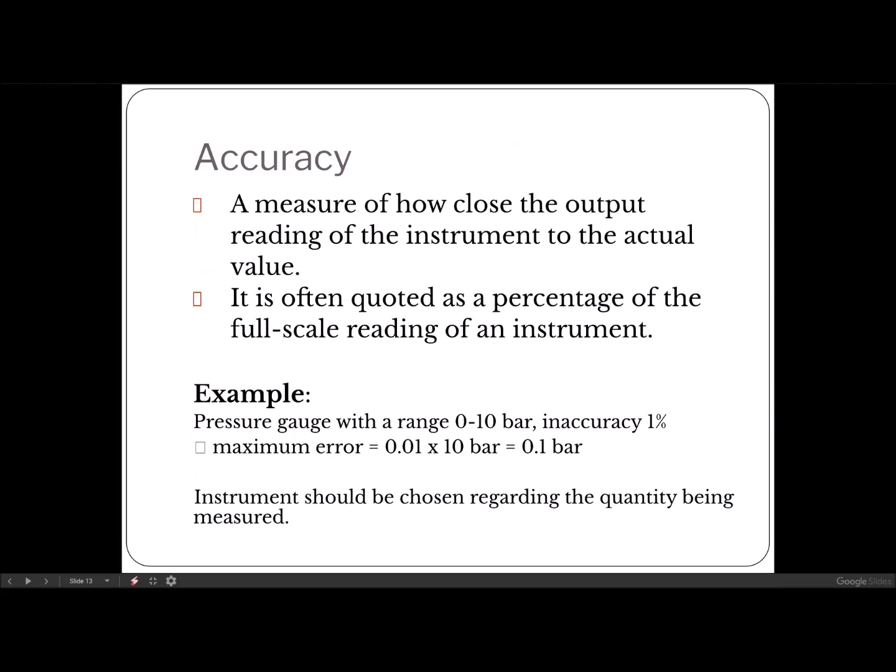Okay, the first static characteristic that we need to discuss is accuracy. So accuracy is a measure of how close the output reading of the instrument is to the actual value. I think this definition is pretty straightforward.